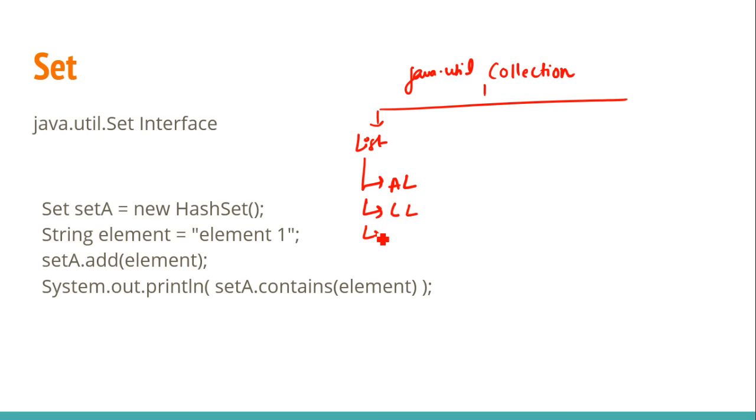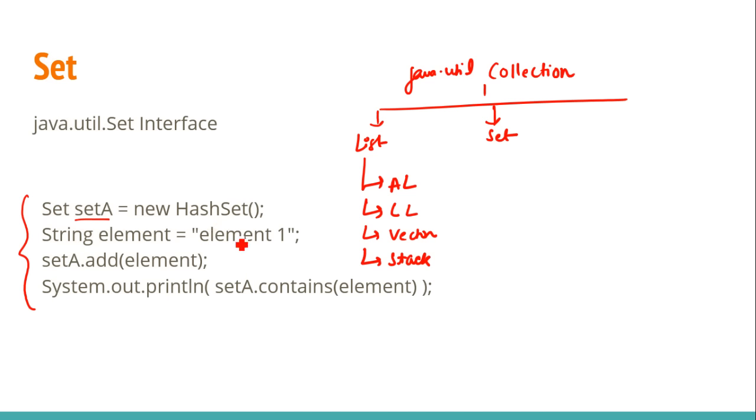LinkedList, Vector, and Stack. And now we are on to set. So Set is another interface that we have in our class, and if you see the simple code that I have here for creating a set, we have a Set A, where we are calling HashSet.